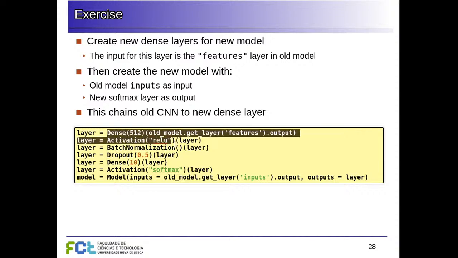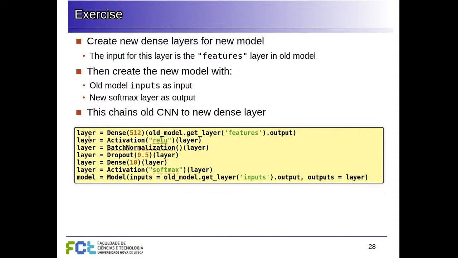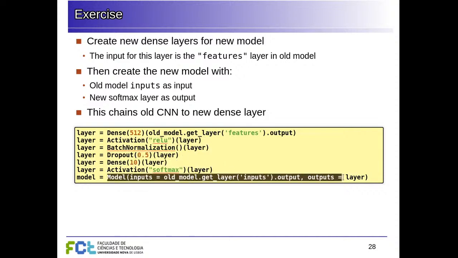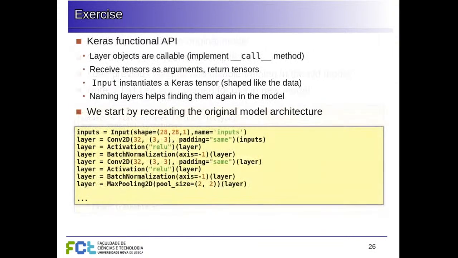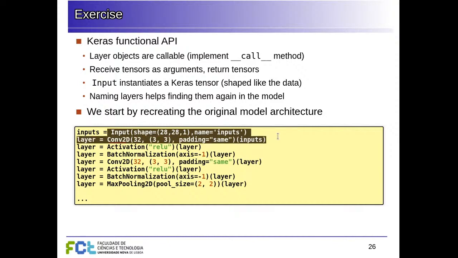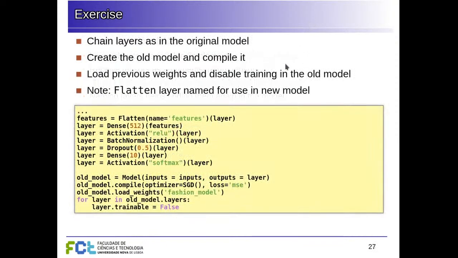And now we're going to build the rest of the classifier, the activation, dropout, batch normalization, and softmax. And we're going to create a new model that uses the inputs from the old model. So this inputs layer is the first layer that we created here. So the input is the same.